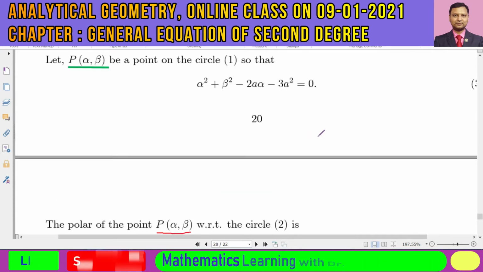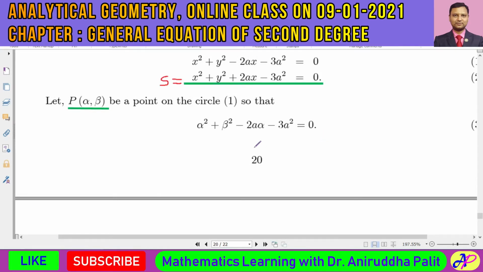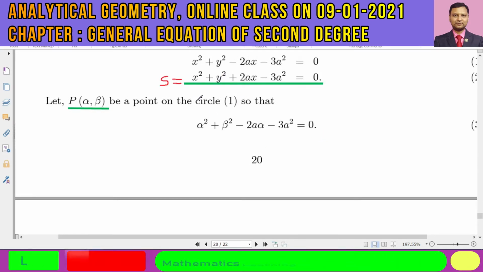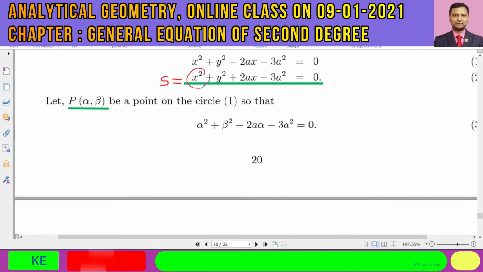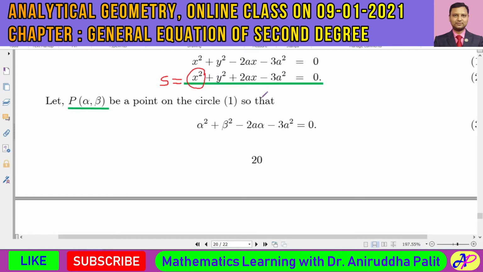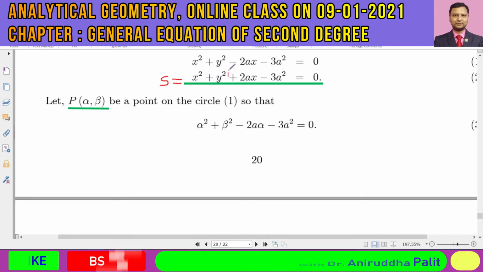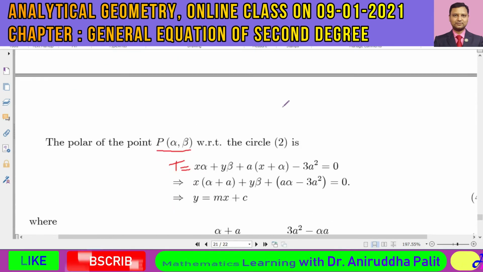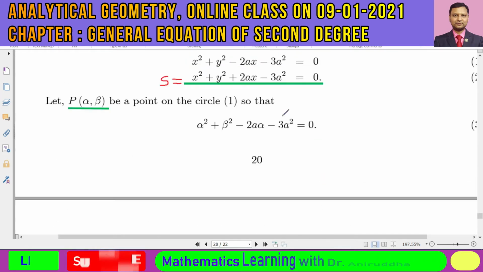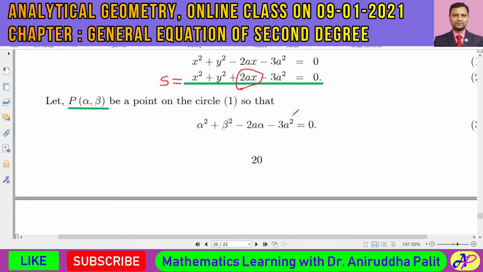So the equation was x square plus y square. So what should be T? T should be x into alpha. In place of x square, we shall have x into alpha, plus in place of y square, we shall have y into beta. So x into alpha plus y into beta. This is the expression, plus in place of twice x, we will have to replace this twice x by x plus alpha.